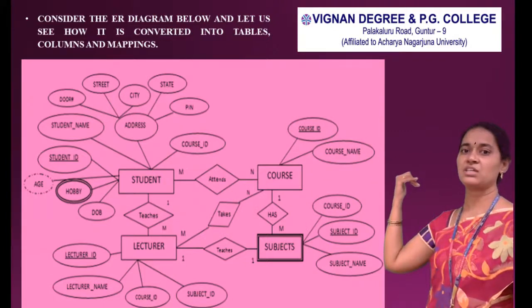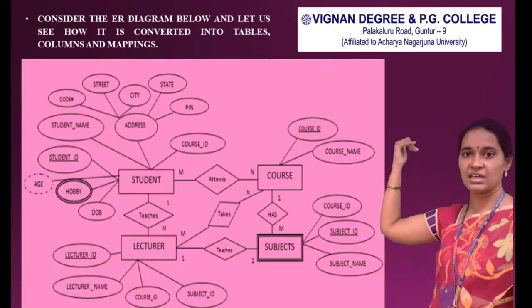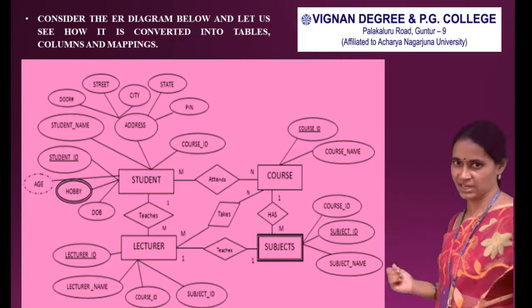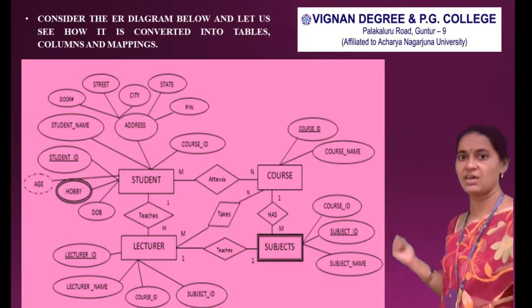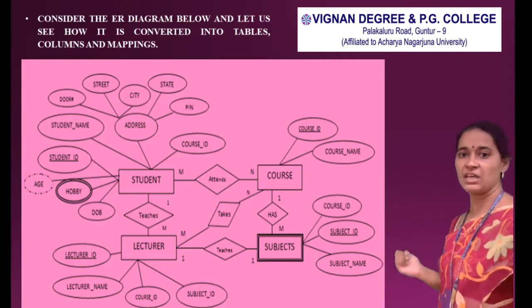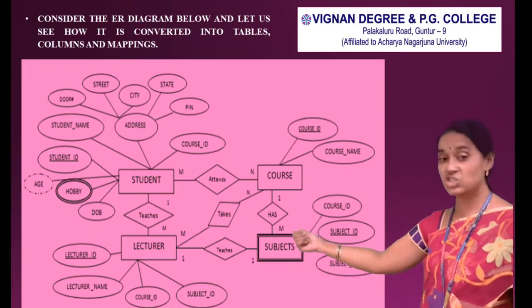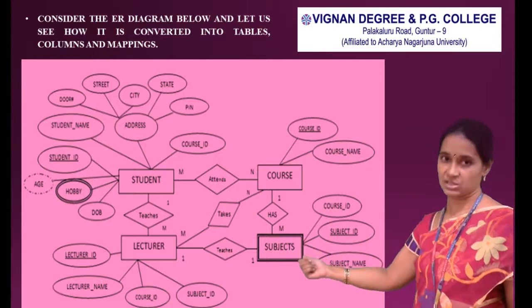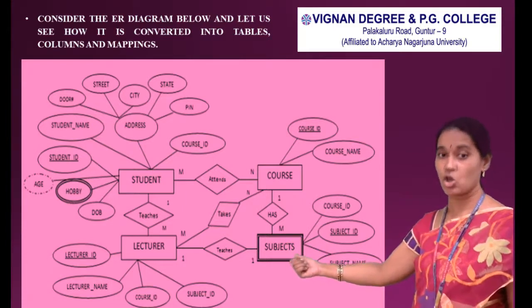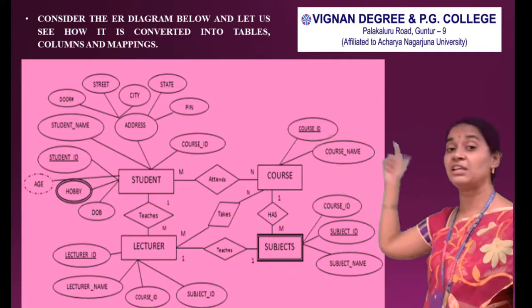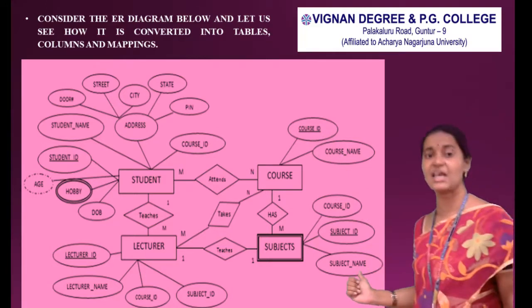Followed by the course entity, which includes course ID, course name, etc. Again, in the subject entity, I have subject ID, course ID, subject name, etc. In the lecturer entity, I also have lecturer ID, lecturer name, etc. included as attributes.